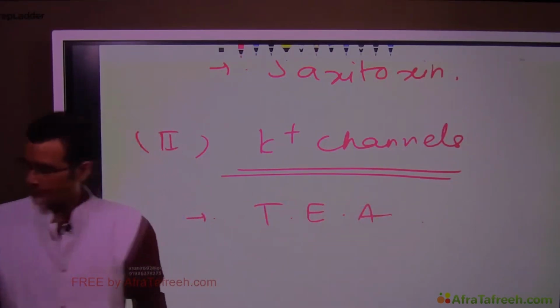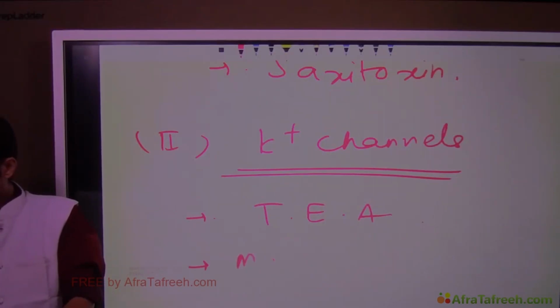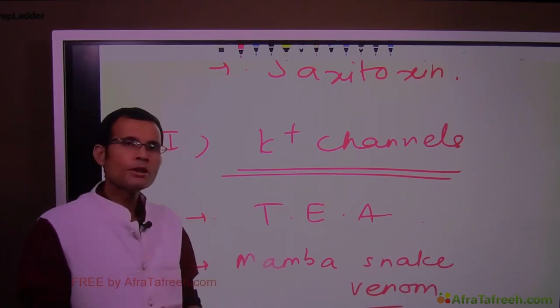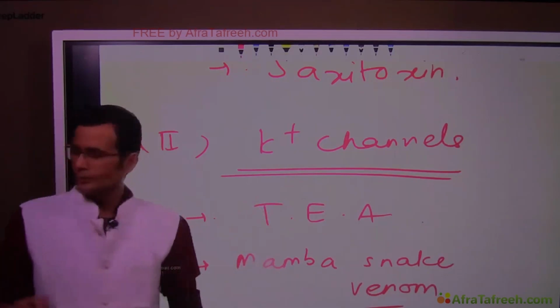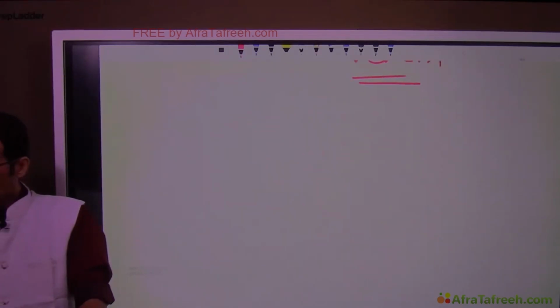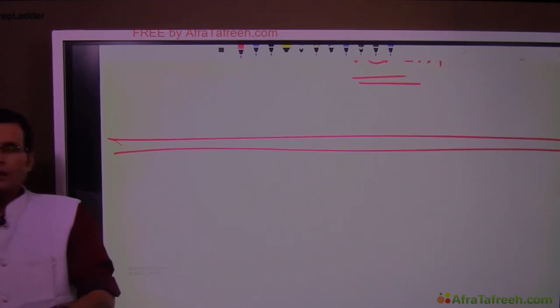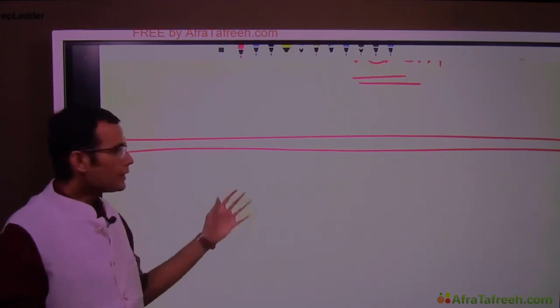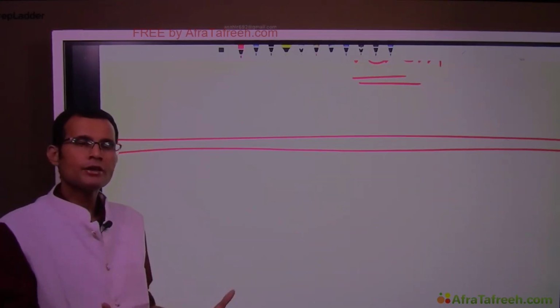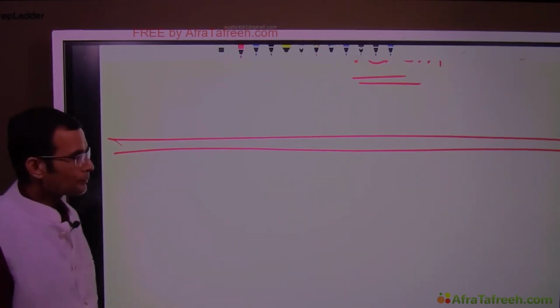Then mamba snake venom. This also contains a component that blocks the potassium channels. That was a summary of the channels and their poisons.